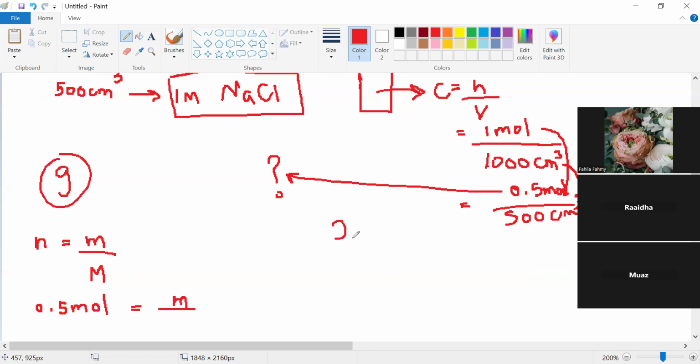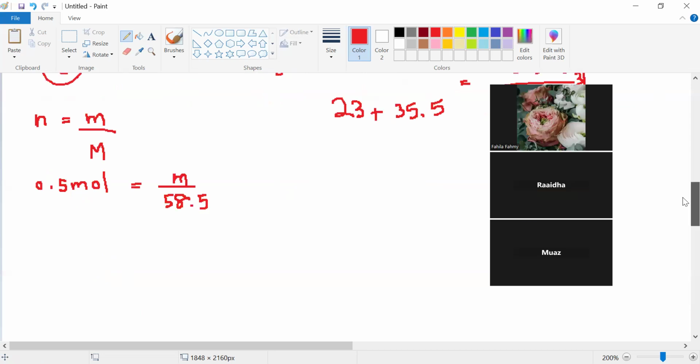That is 23 plus 35.5, which is 58.5. Now, g mol^-1. I'm putting the units also so that you will understand how the units are getting cancelled out.